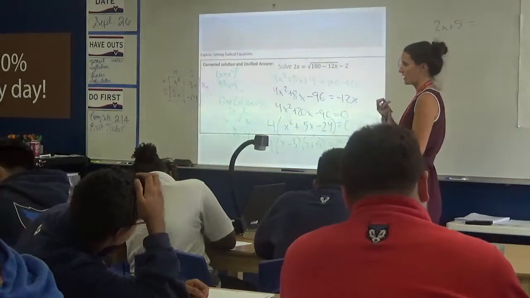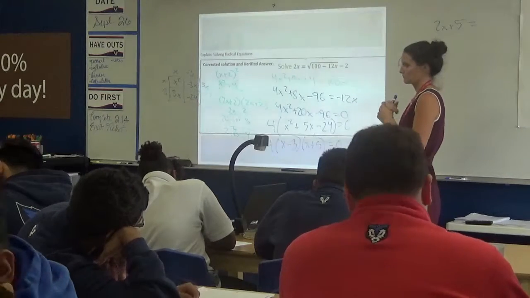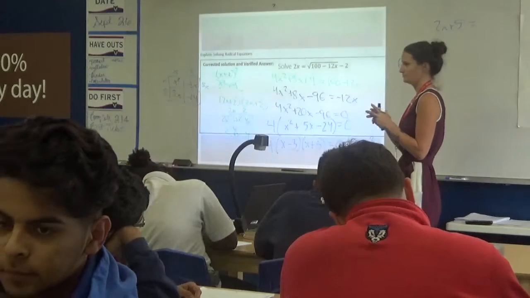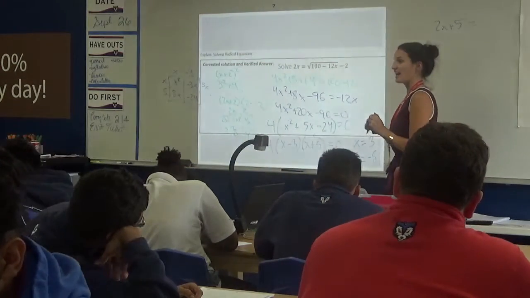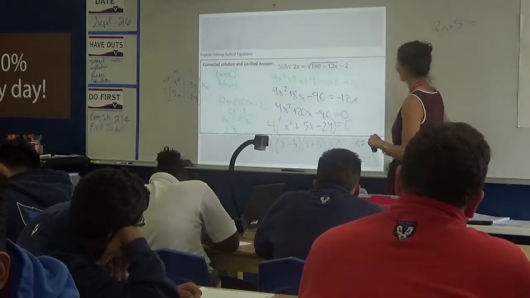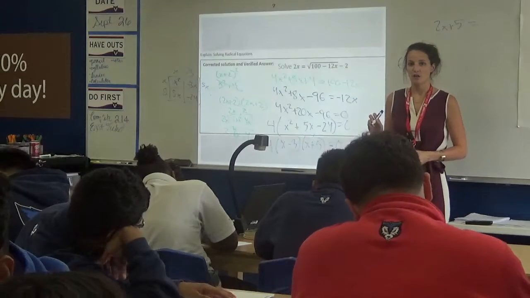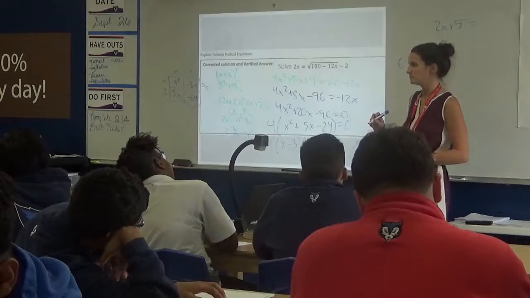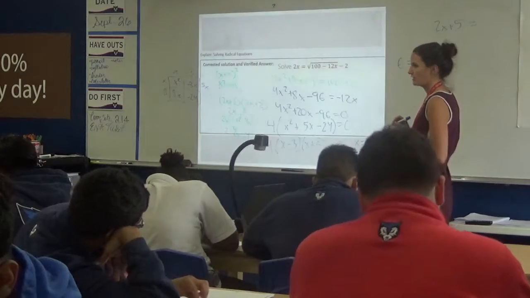Raise your hand when you got it. The square root of 64 is 8, then minus 2 is 6. So both sides are equal to 6. So that works. Okay, let's try the next one.